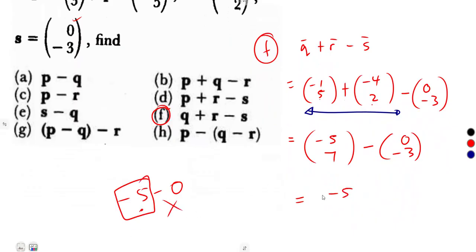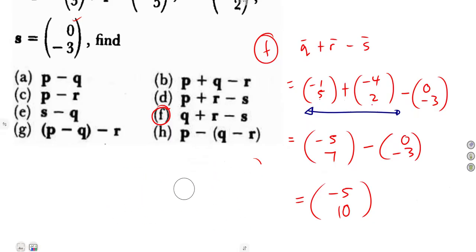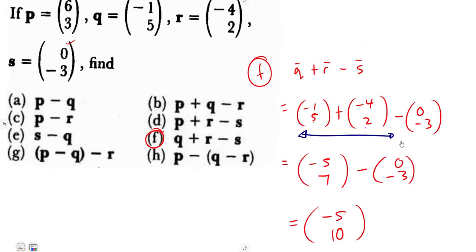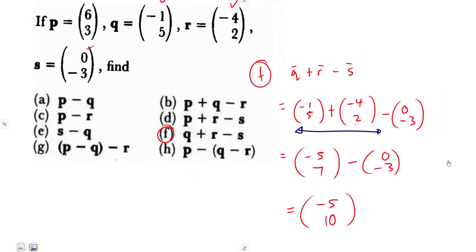So it remains as negative 5. 7 minus minus 3, corresponding elements. So negative there is going to give us a positive. So that's 7 plus 3, which is what? Which is a 10. So that's how we can simply add and subtract, whereas we are used to our normal numbers, but this is under vectors, all right? But the idea is still the same.